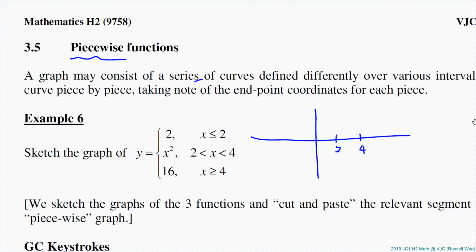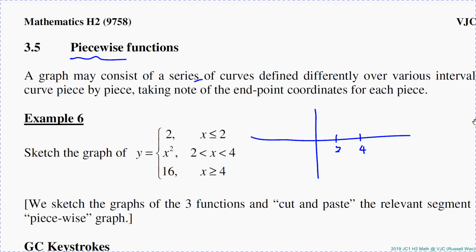So far so good. So now we're going to practice using the GC to help us sketch the piecewise function. It's really powerful. For some of us who cannot see this function, it means that your GC is not upgraded. You should have the operating system on the GC, like Windows 10, Windows 7.